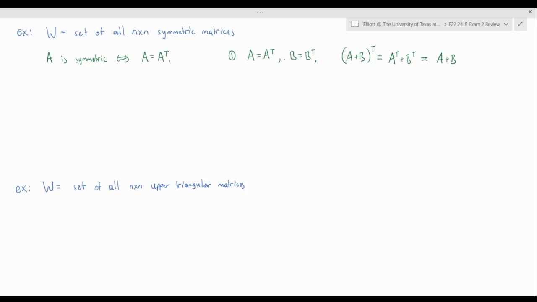So since we have the A plus B transpose, we just showed that it's equal to itself, A plus B. So that means that when you take two symmetric matrices and you add them together, the sum is also symmetric. And so that proves that this set of symmetric matrices is going to be closed under addition then.